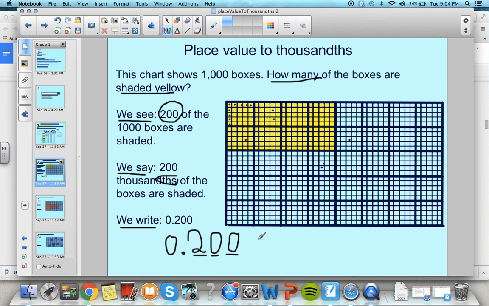Think about that. Hopefully, you realized that the name of the place value spot is the thousandths place because it's the third digit after the decimal, and we have to represent those place value spots. We have to hold the place with a number.